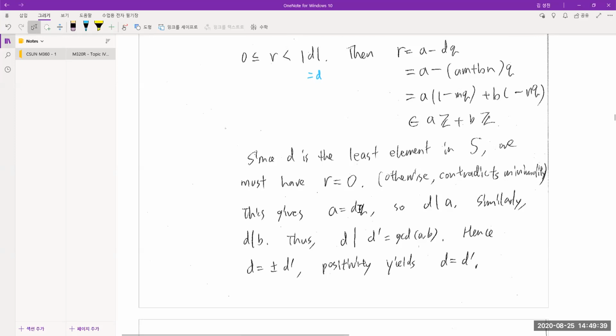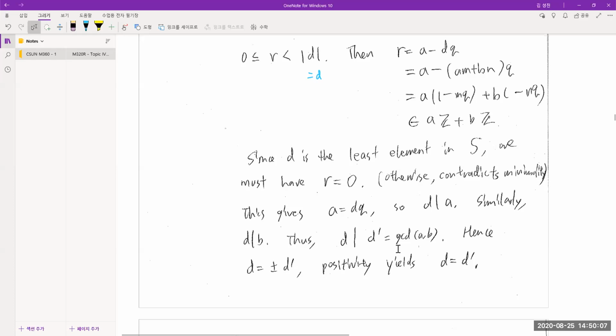A is D times Q. So D divides A. The similar argument with A replaced by B will prove that D divides B as well. Therefore, D must divide the GCD of A and B, which is defined as D prime earlier.